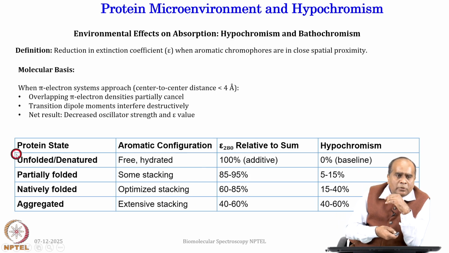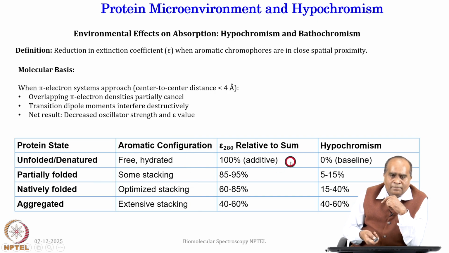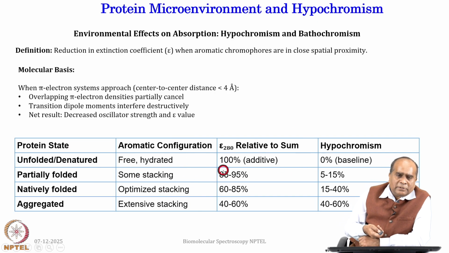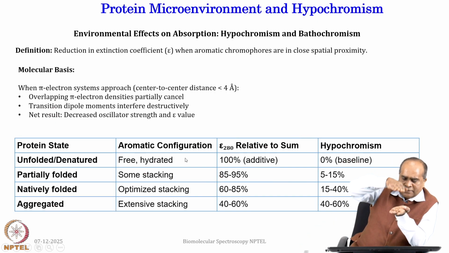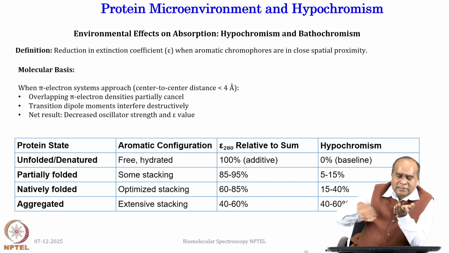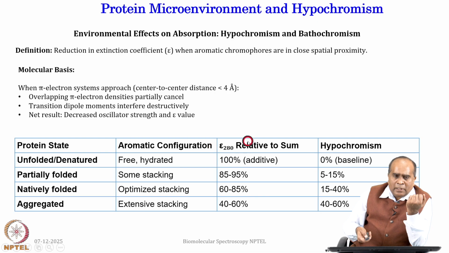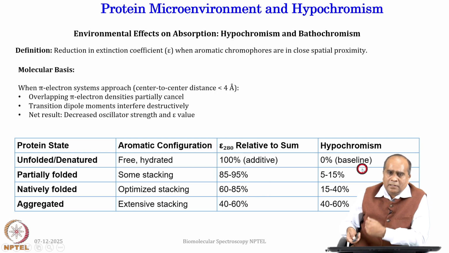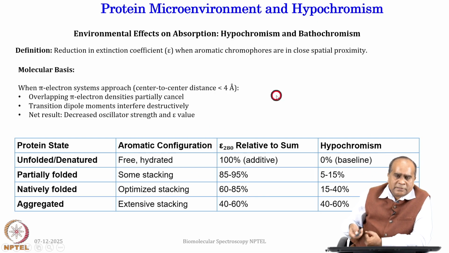So, when we go to the unfolded or denatured state, in those cases aromatic amino acids become free and hydrated. So, at 280 it is additive, right, and hypochromia is the zero baseline. But in the partially unfolded state some stacking of pi happens. Because of that there is a reduction in the molar absorptivity at 280, a 5 to 15% hypochromia.